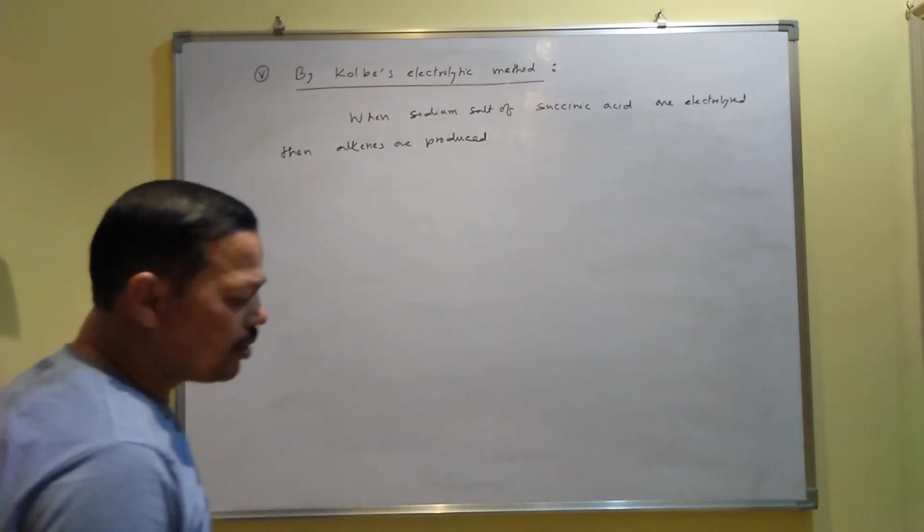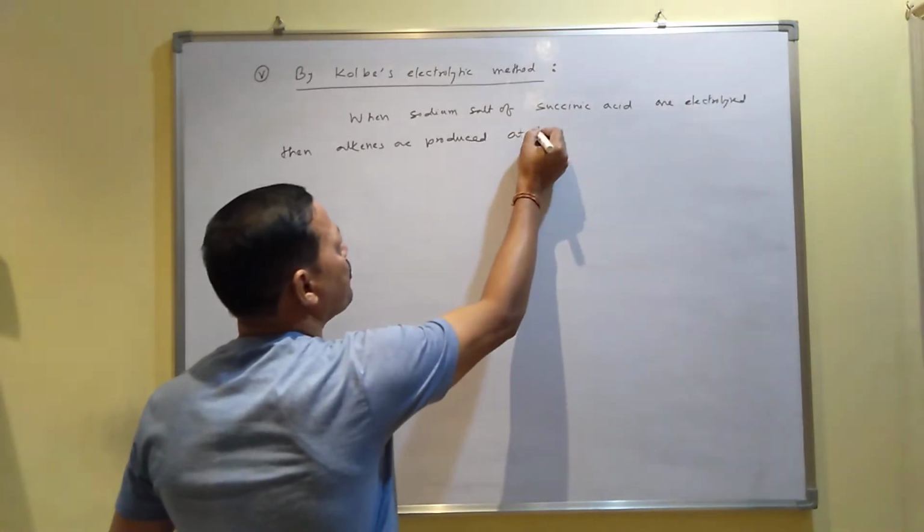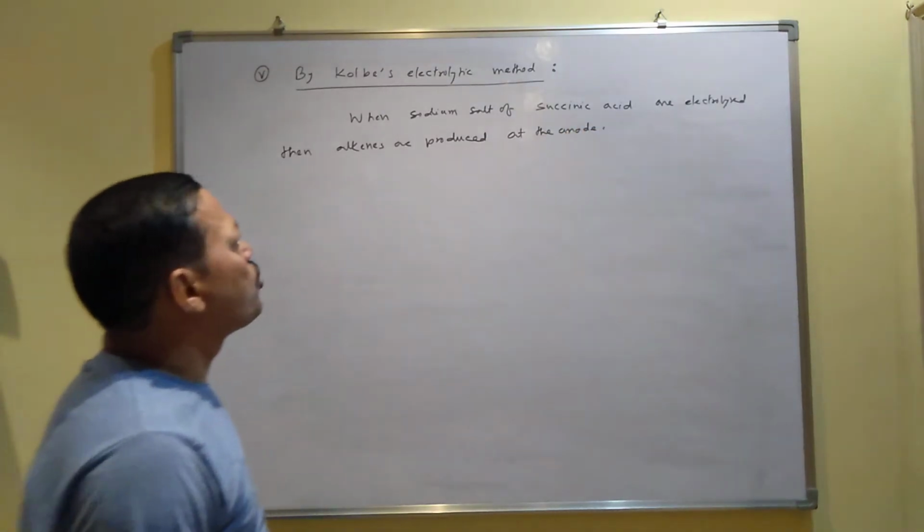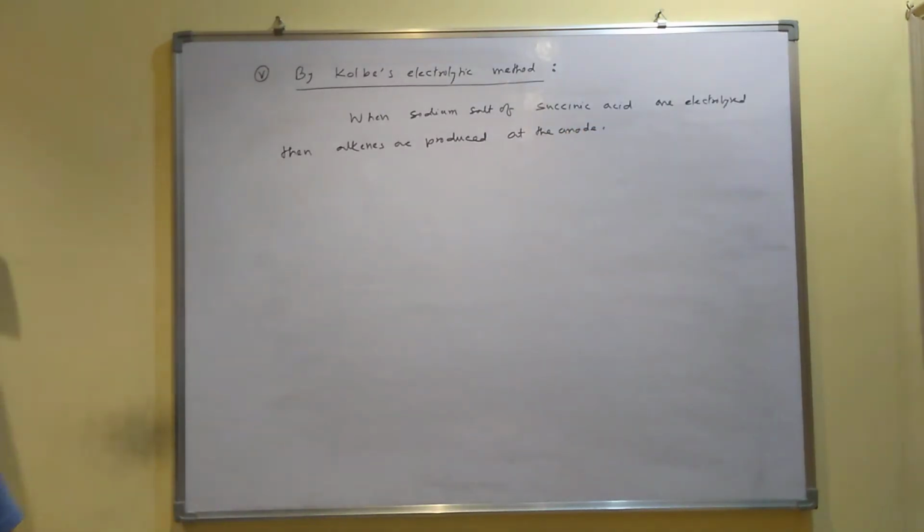Alkenes are produced at the anode. So when sodium salt of succinic acid is electrolyzed, then alkenes are produced at the anode.